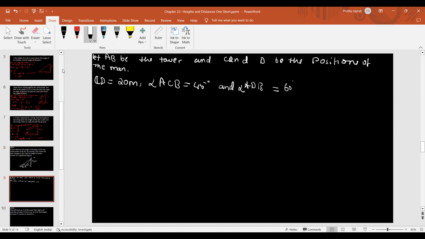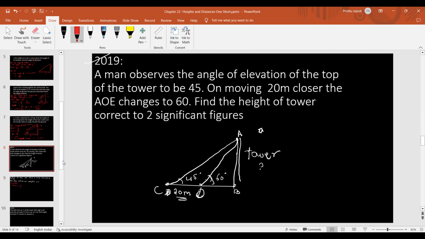So first, in triangle ACB, tan 45 is equal to perpendicular by base. Why did I take tan theta?